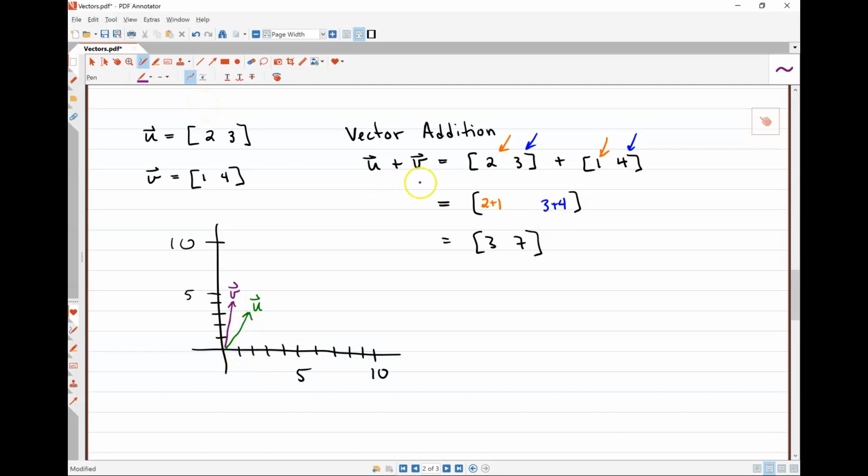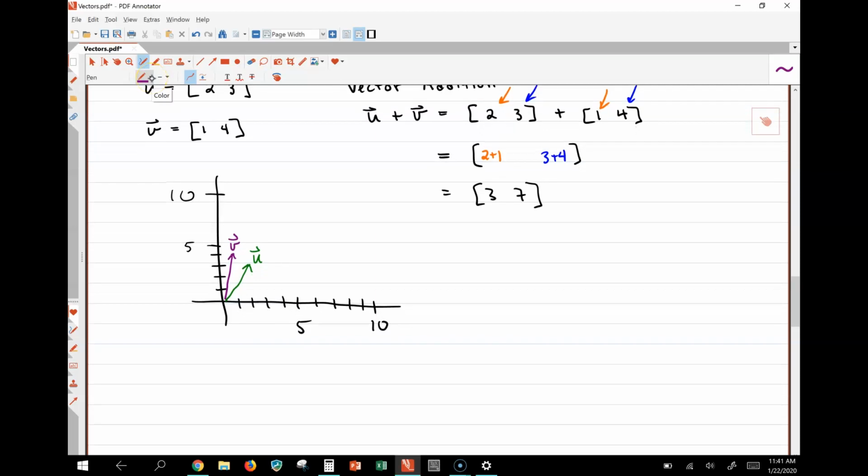Okay, so we can think of vector addition as basically describing a geometric process this way. If we think about it dynamically, this is saying, okay, go from the origin to (2, 3), and then go from there to the end of this arrow, (1, 4), right?